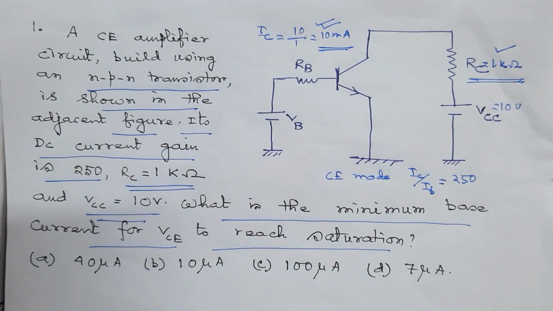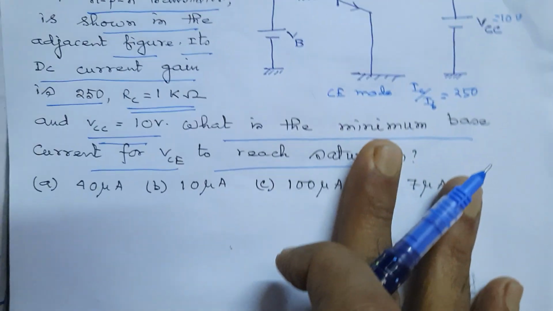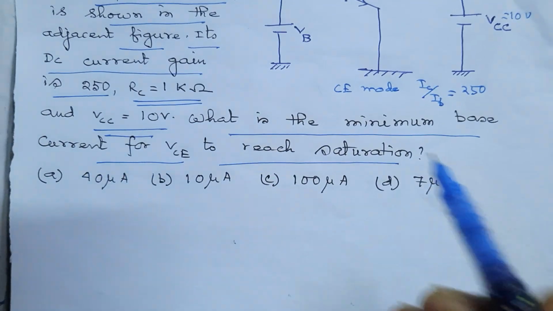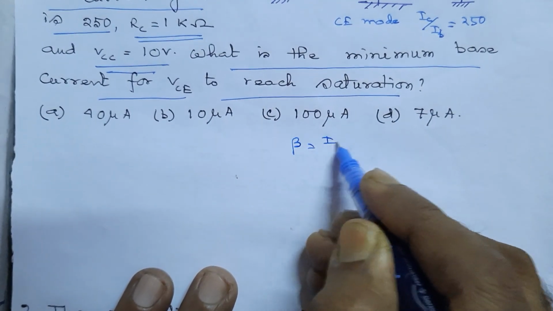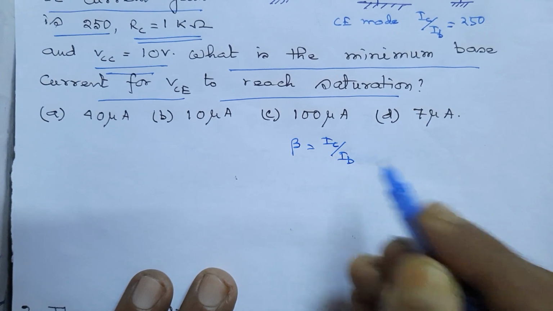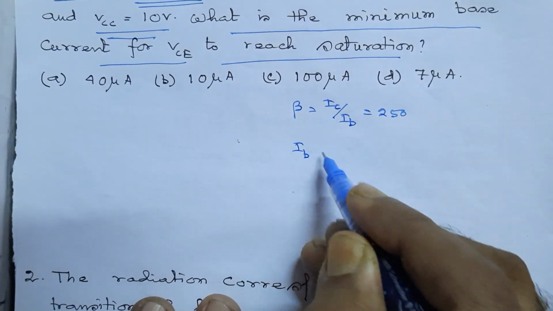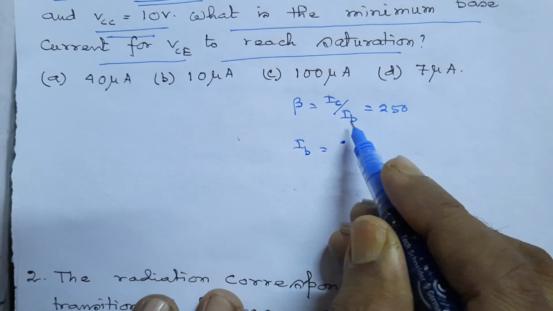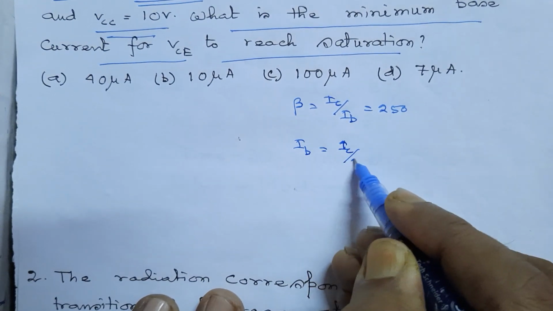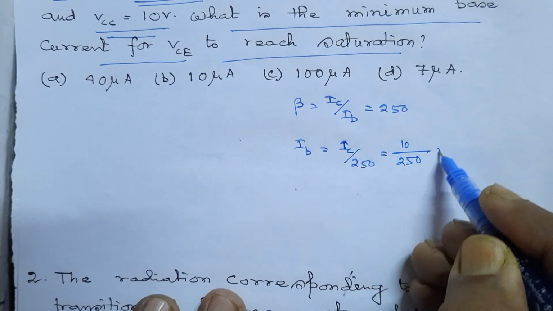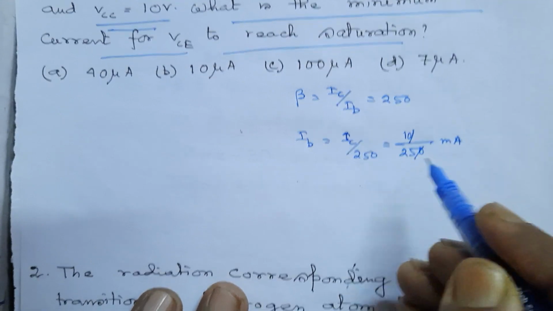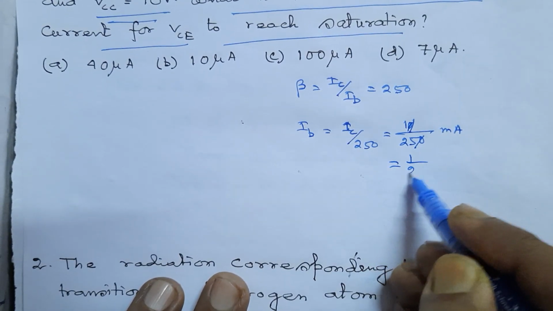Now we have to calculate the minimum base current. Beta equals IC by IB equals 250, where IC equals 10 milliampere. Hence IB equals IC by 250, which is 10 by 250 milliampere, so IB equals 1 by 25 milliampere.